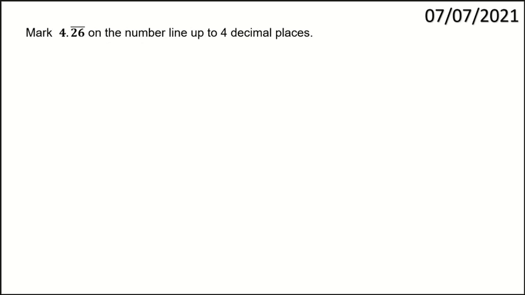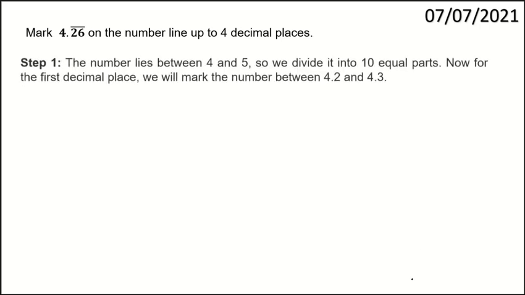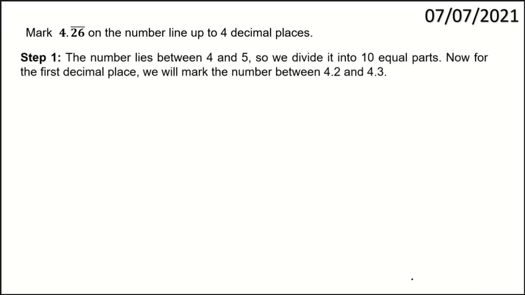Now we are asked to locate or mark 4.26 bar on the number line up to 4 decimal places. If I want to locate 4.26 bar on the number line, the first step is: the number lies between 4 and 5.